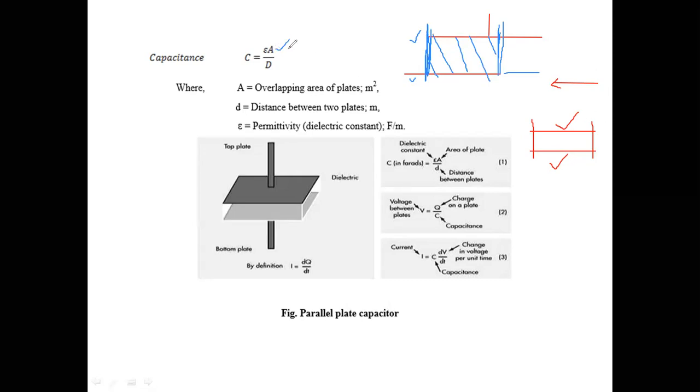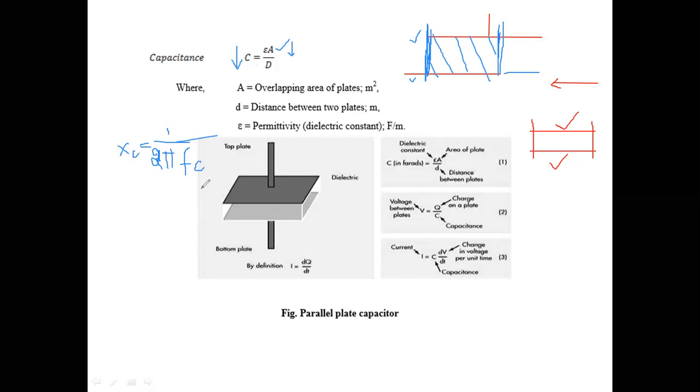So if overlapping area reduces, what will happen? Capacitance decreases. Xc equal to 1 by 2 pi fC.